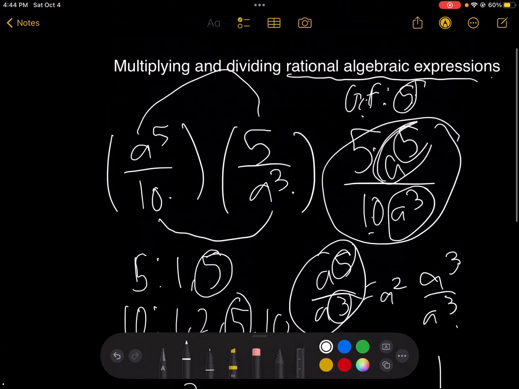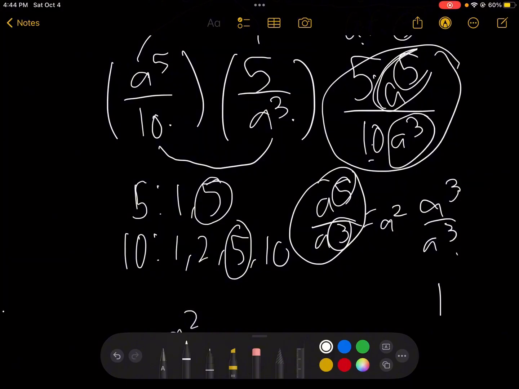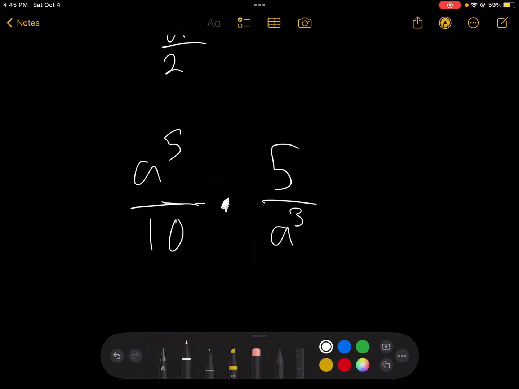And there's also another method where you cancel. Now you can cancel 10 and 5. Since we know their GCF, which is 5, if the GCF is the number, it becomes 1. So what's 10 divided by 5? Which is 2. And then now we can cancel variables. If you know how to do it, this would be simple. But just in case you don't, I will teach you how.